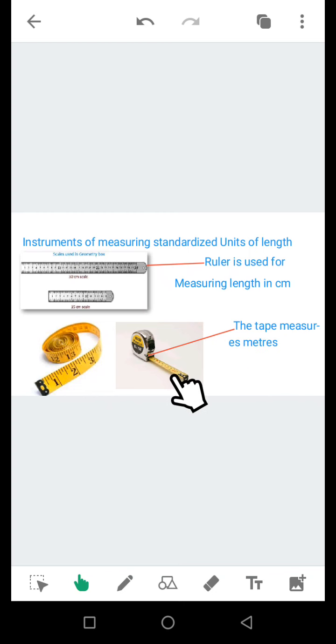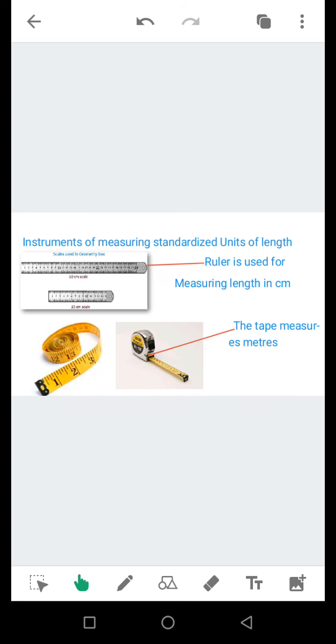So for example, if you want to measure the length of a building, or the length of a room, or a table, or a classroom, you use this tape. But if you want to measure the length of the road from Benin to Lagos, you cannot use this tape. If you try using it, how many of this tape will you use?